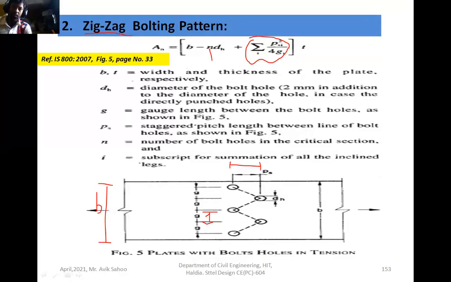So go through this lecture and learn properly how the area is calculated in the zigzag bolting pattern, and what the stagger correction is that you have to use. This is P square by 4G, as given in IS 800:2007, page number 33, figure 5.